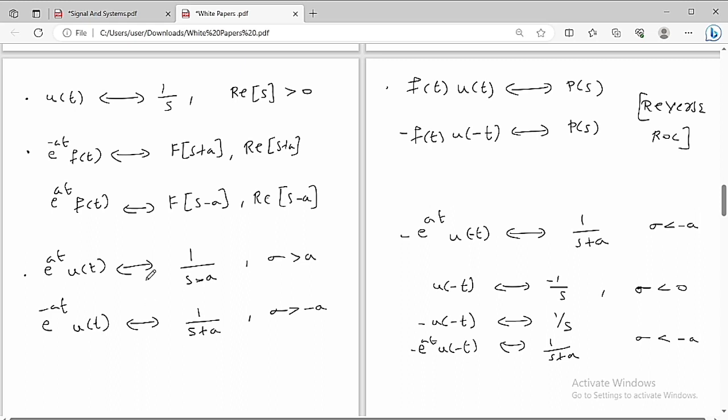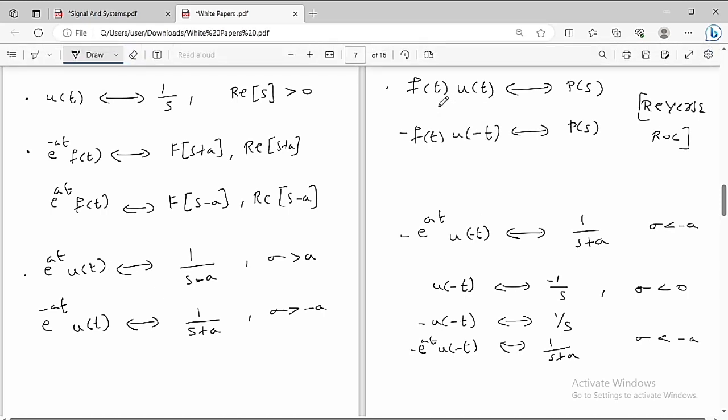Now what is going to happen? I have already told you the formula: if f of t into u of t has the Laplace transform F of s, then minus f of t into u of minus t has the same Laplace transform F of s, but they have reverse ROC. Reverse ROC means one ROC is the mirror image of the other ROC.